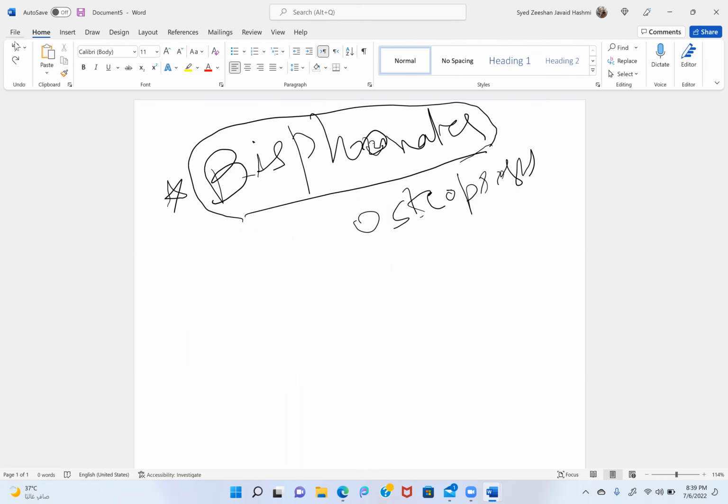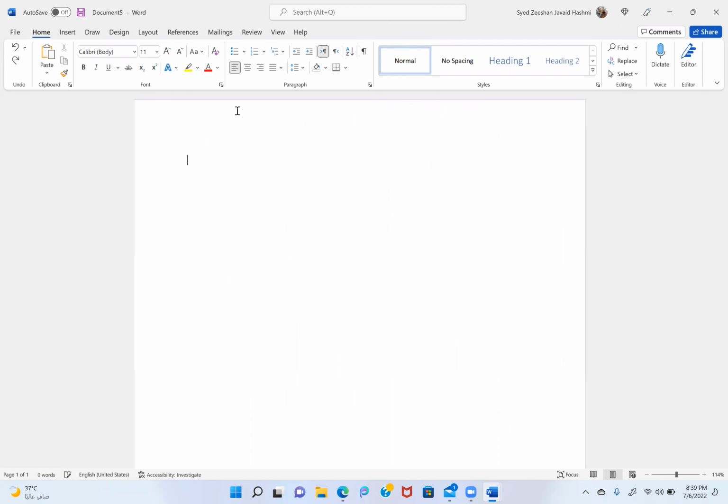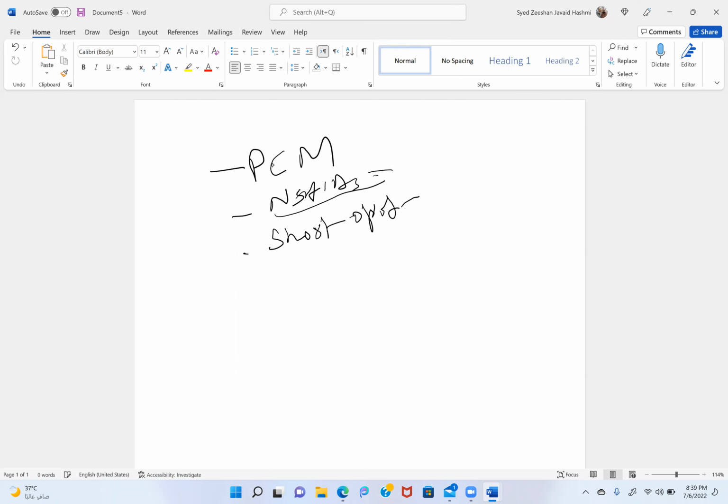The same ones which I tell again and again: paracetamol, a combination of paracetamol and NSAIDs if there is no contraindication, then short-acting opioids.